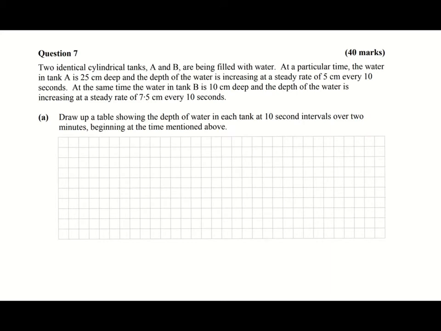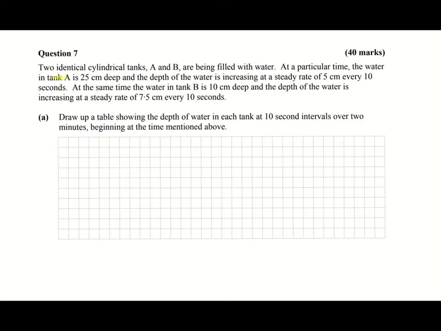There's quite a bit of data in the first part of the question. There's a bit of reading here, and you need to pick out the most important pieces of information. When I approach a question like this with a lot of text, I like to get out a highlighter or a pen and underline what's important.